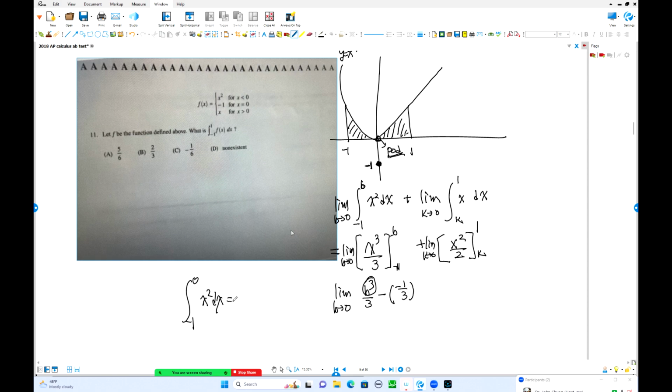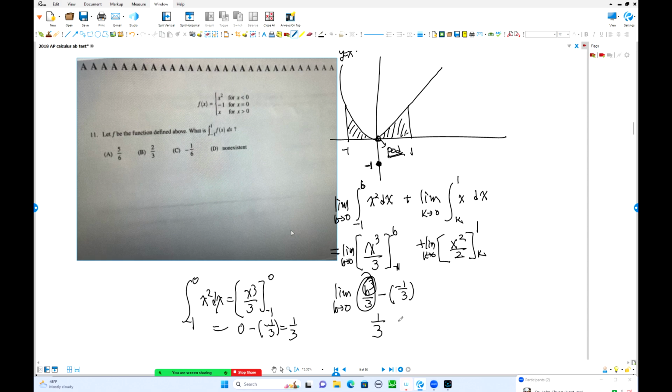So you can use x cubed over 3 and take the integral from negative 1 to 0, okay? Put this number 0 there. 0 minus negative 1/3 will be positive 1/3. Same thing, okay? This is 0. Positive 1/3, first one.